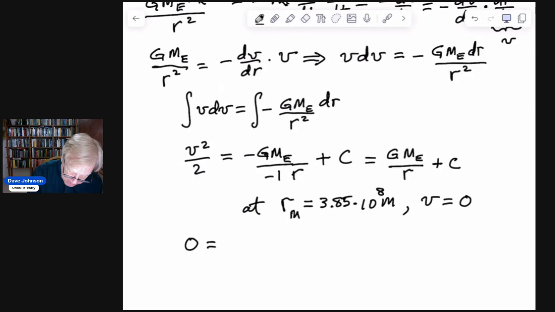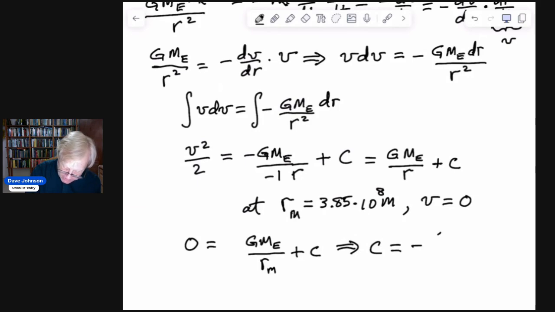So 0 is equal to GM sub e over r sub m, actually canceling the negatives, and then plus c. And when we solve for c, we get that c is equal to the negative of GM sub e divided by r sub m.